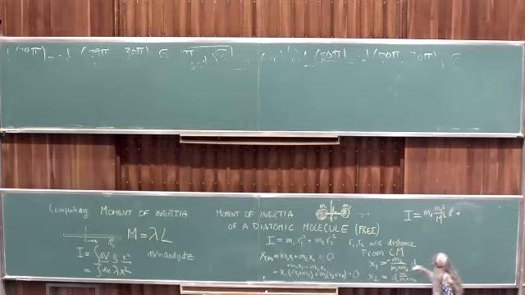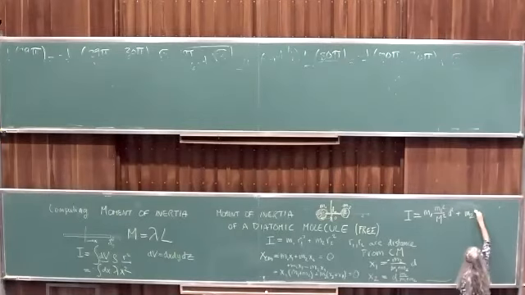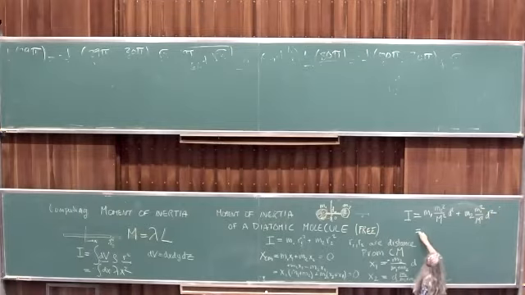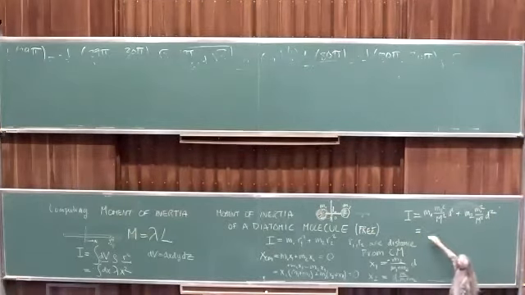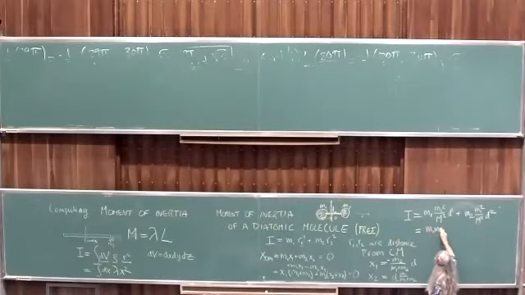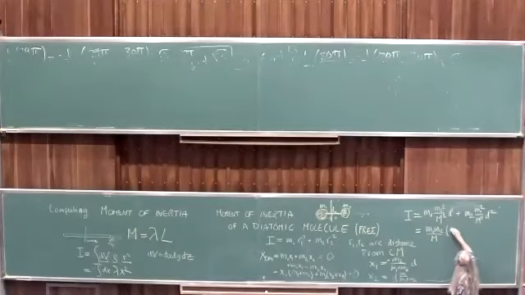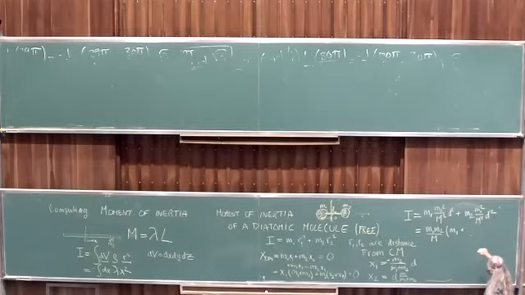Now I'll plug in that m2, and now I have m1 squared over m squared d squared. So we can rewrite this as m1 m2 over m. I'm going to take one of those m's out, and then there's an m1 left, and an m2 left here and m1 left there.